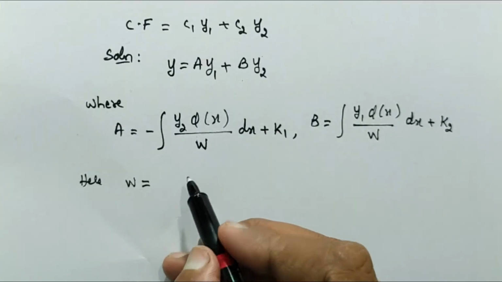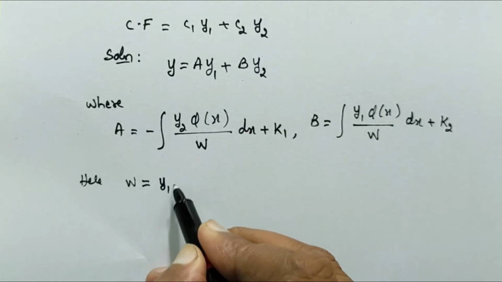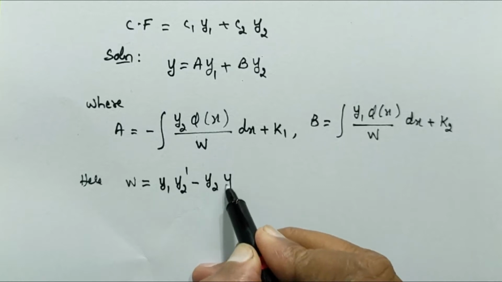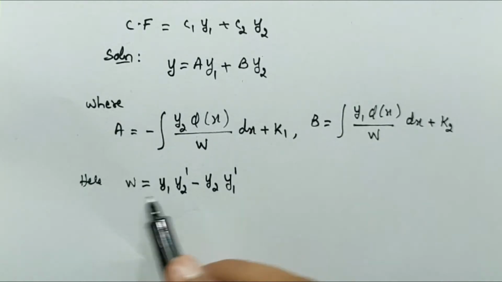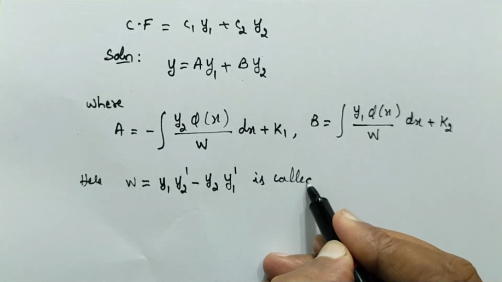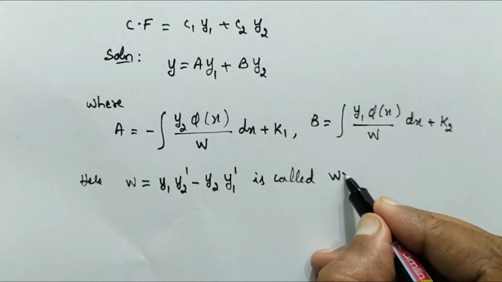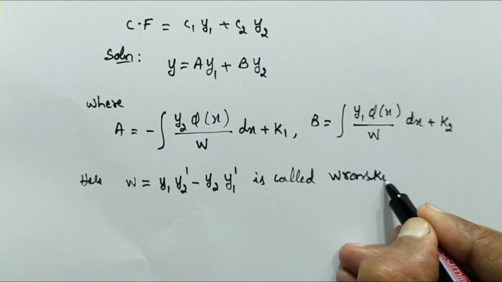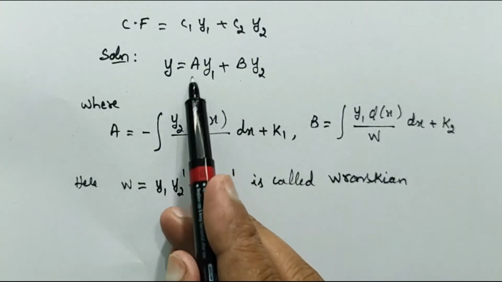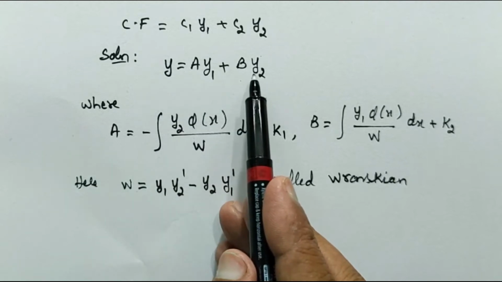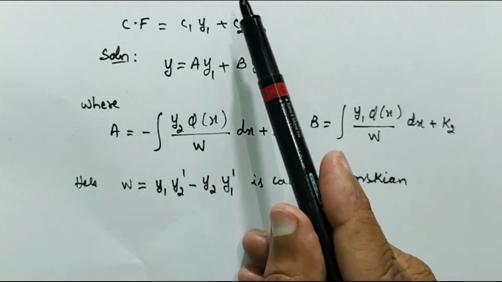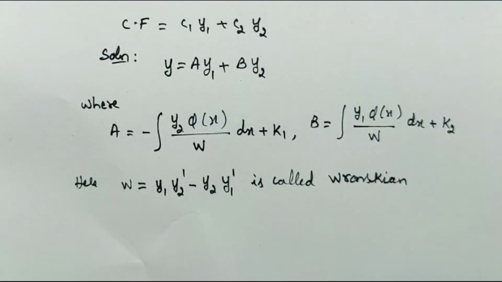The Wronskian is written as y1 y2 dash minus y2 y1 dash. Once we get the values of a and b, you can plug these values back in to get the required solution. So let us take a few examples and understand this method of variation of parameters.